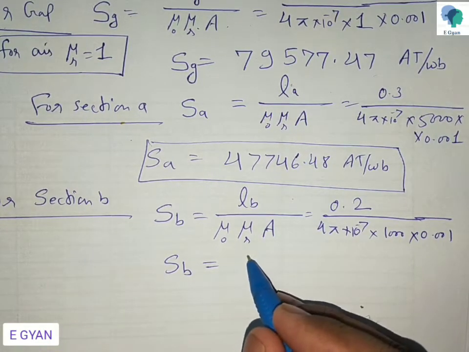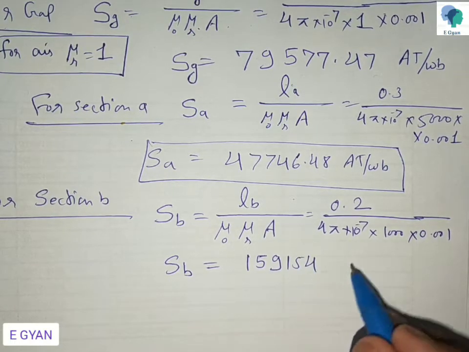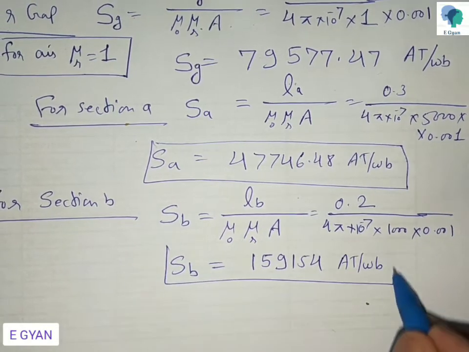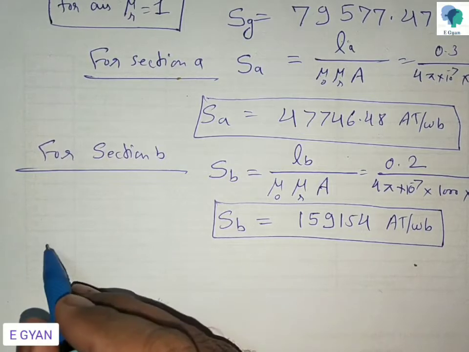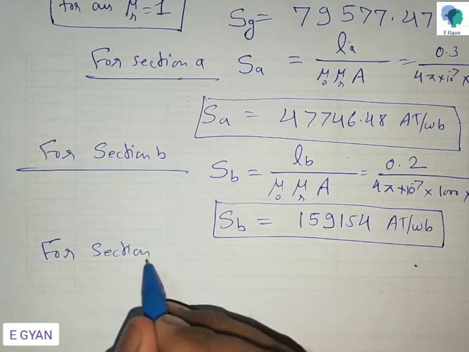And what is S_B? It is 159,154 ampere turn per Weber. So in this way we can calculate the reluctance for B.